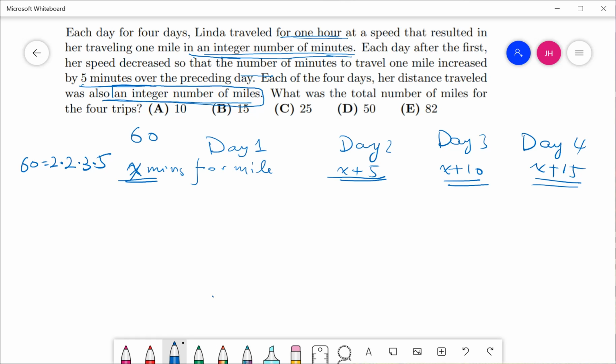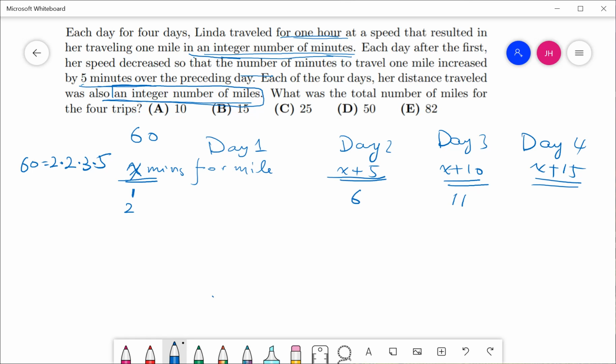So can this X be 2? Or let's start from 1. Can this X be 1? Then X plus 5, that's fine. That's 6, right? 6 is a factor of 60. Then what about this one? That'll be 11. That's not a factor of 60. So X can't be 1.